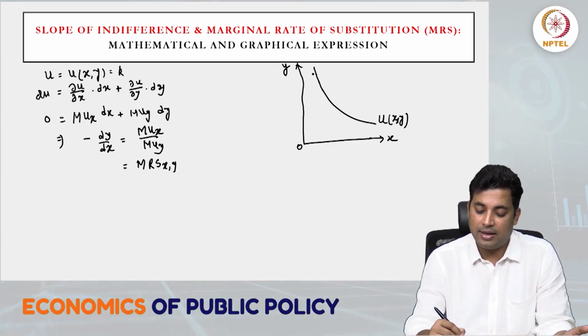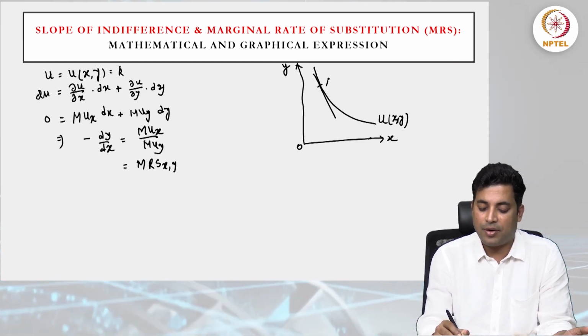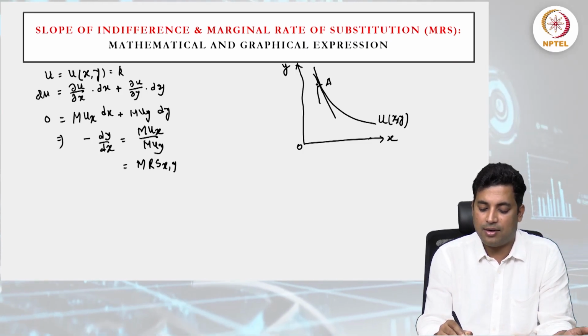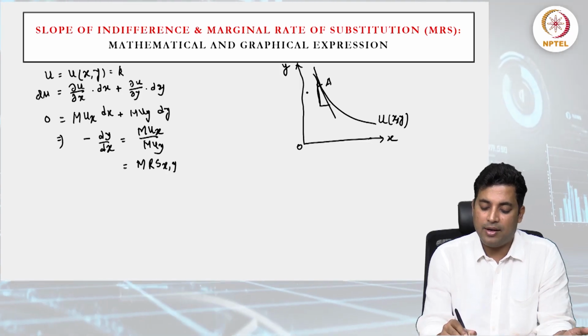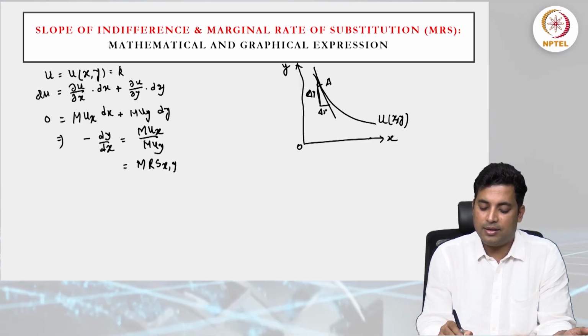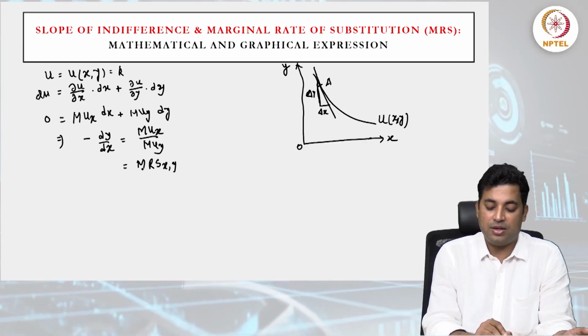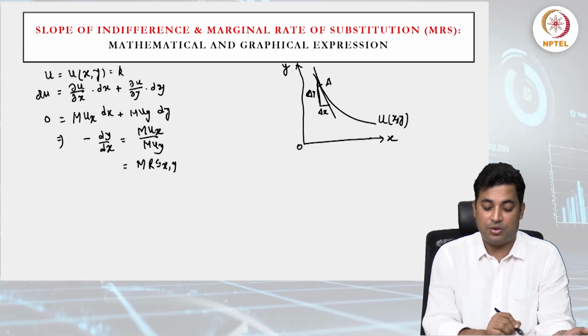So here, say at point A, we are trying to understand the slope, where this is delta y and this is delta x. This is how we measure the marginal rate of substitution.